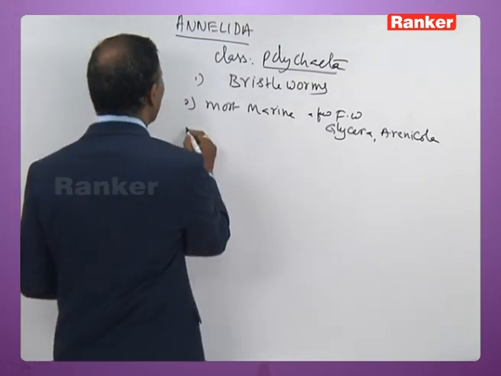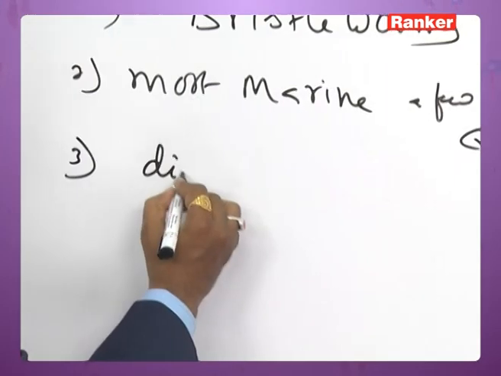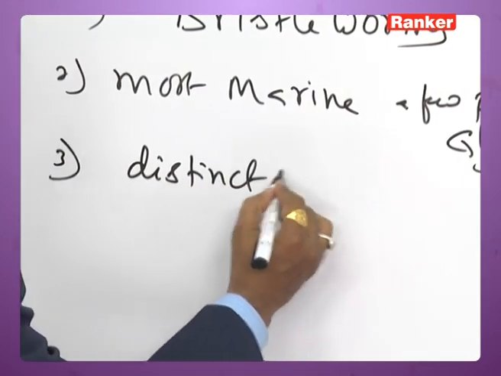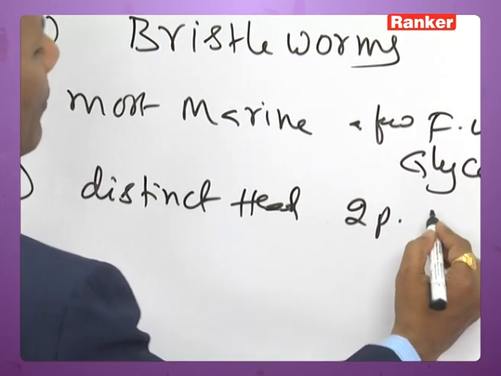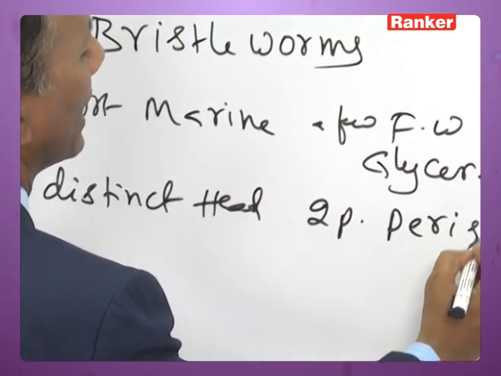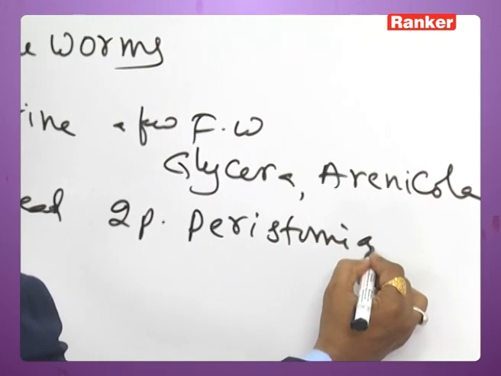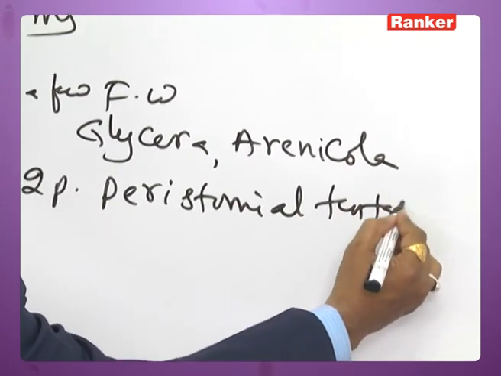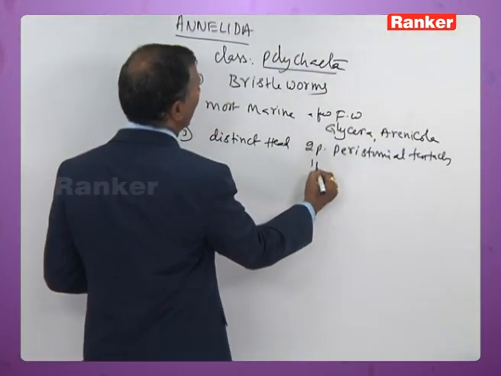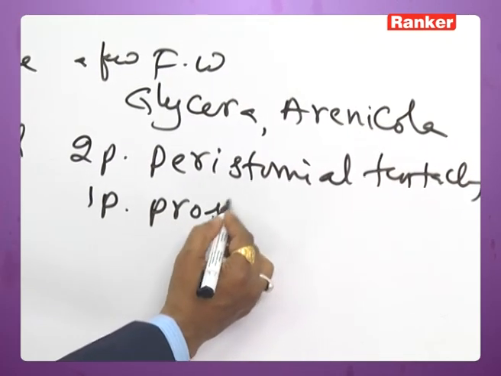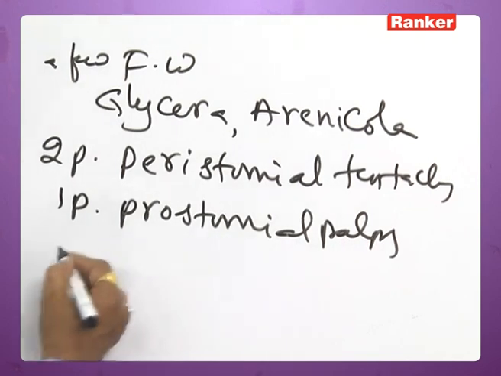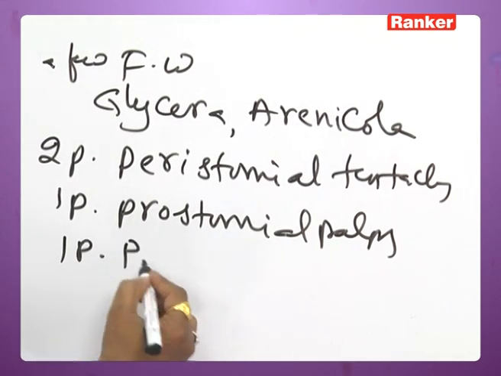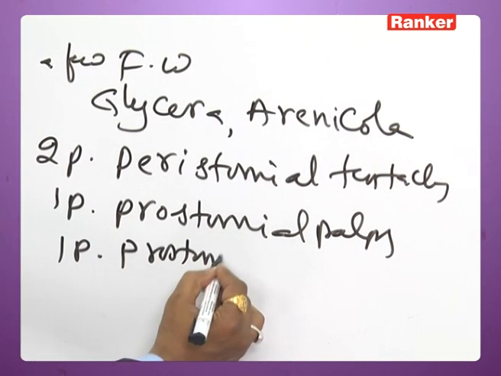Then they have a distinct head with 2 pairs of peristomial tentacles, 1 pair of prostomial palps, 1 pair of prostomial tentacles.